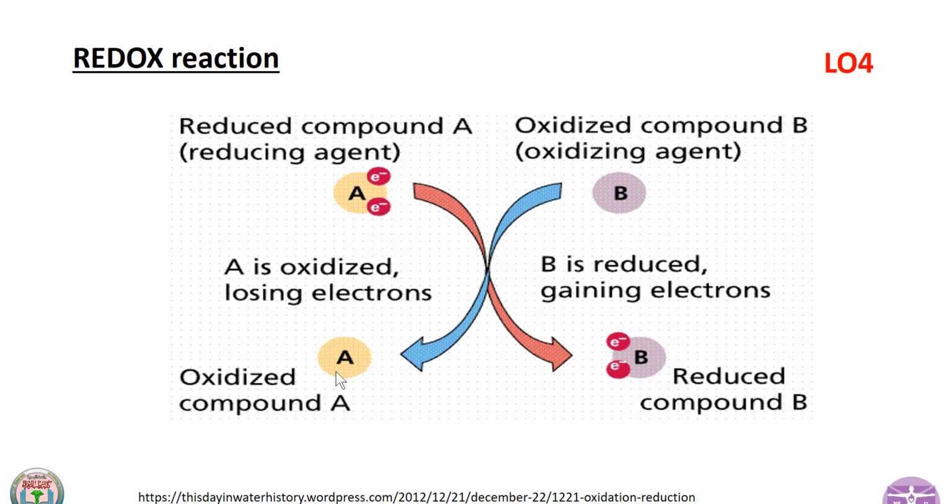And these hydrogen atoms or electrons are used by the other reaction, which converts the oxidized form to the reduced form.